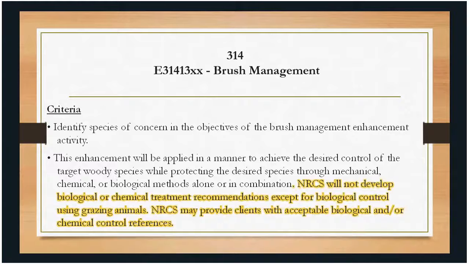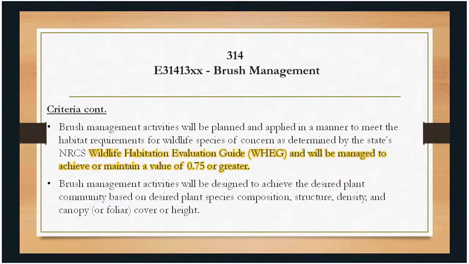And of course, what we do instead of developing those recommendations is that we pass on recommendations for biological or chemical treatments through reference to or from Extension Service or some other like agency. These enhancements need to have a WEG that will result in a 0.75 or greater score following the treatment.